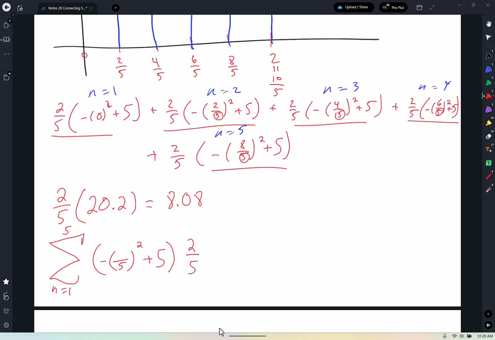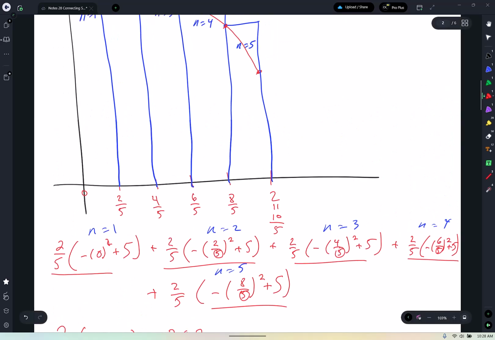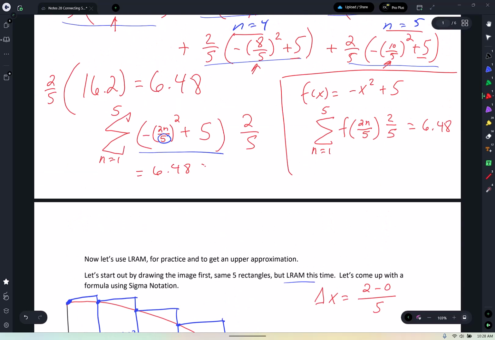But how do I get a 0 on the first one, though? 2 parenthesis n minus 1? 1 minus 1 is 0, right? All these, see how it's 2, 4, 6, 8? I'm still multiplying by 2. But then I want to zero out the first one, and I know 0 times anything is 0. So n minus 1.